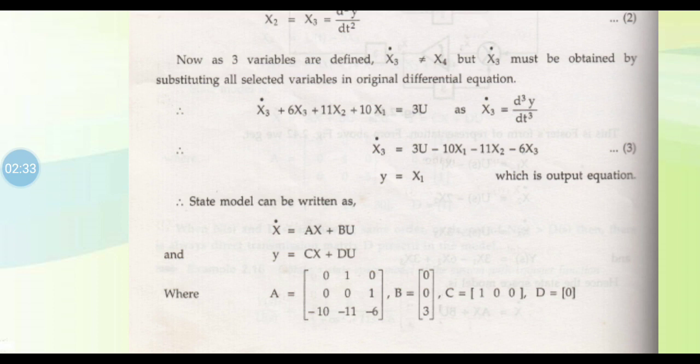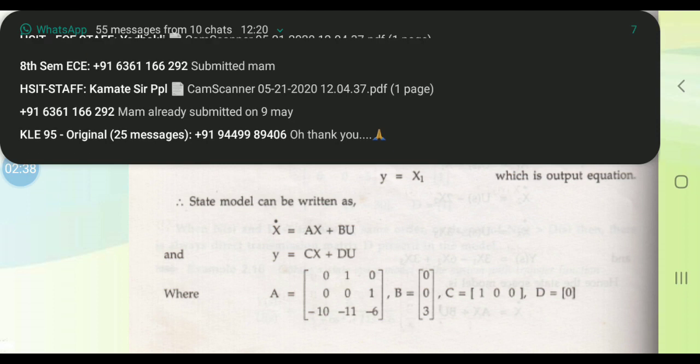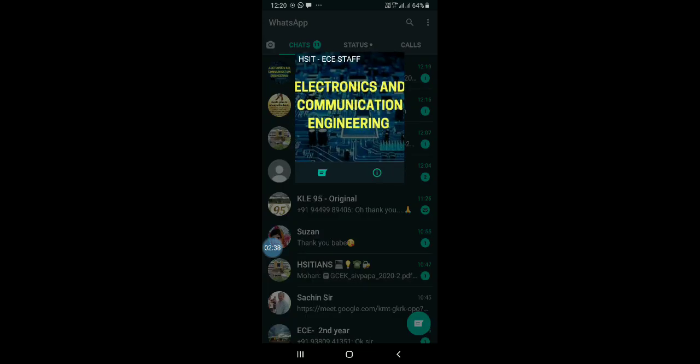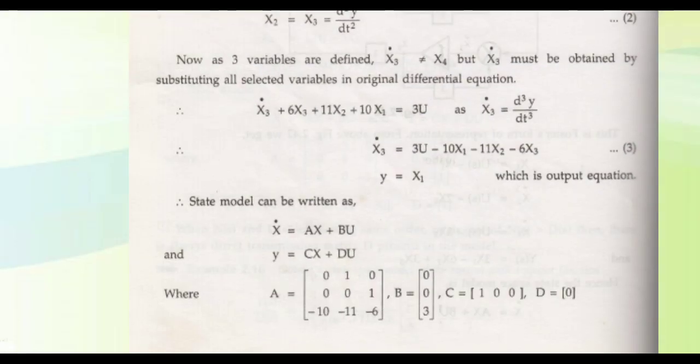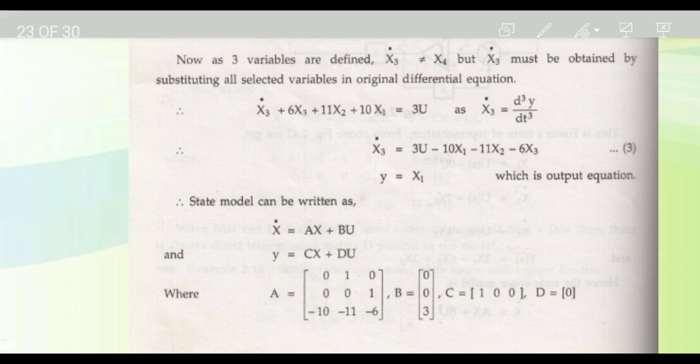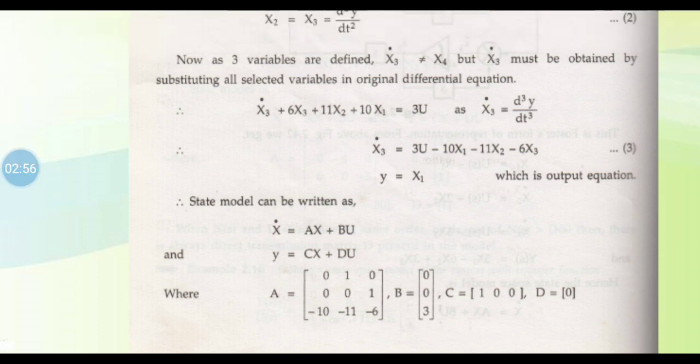So b is 0 0 3. b is 3 because it is 3u only in x3 dot.